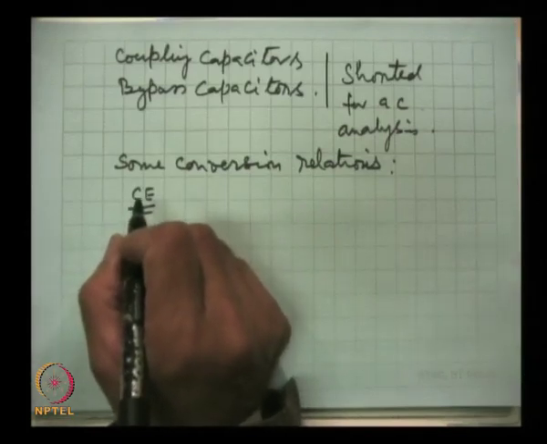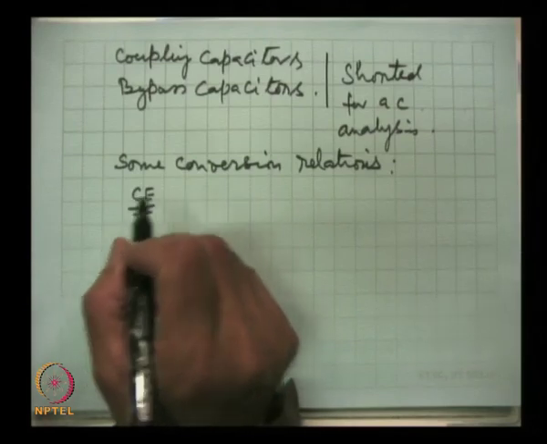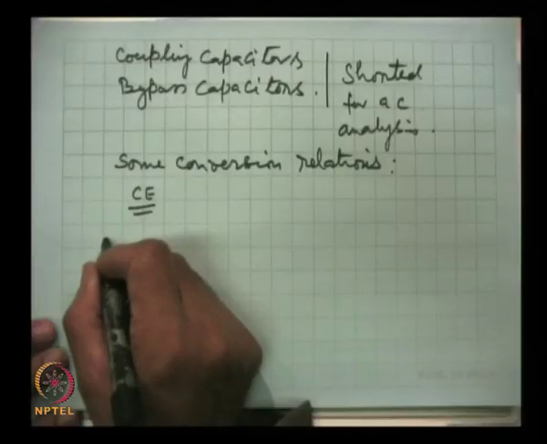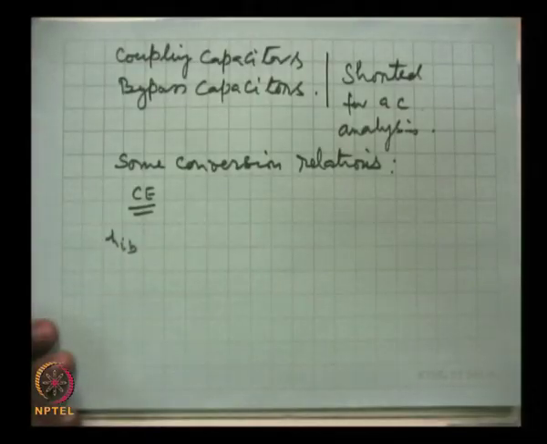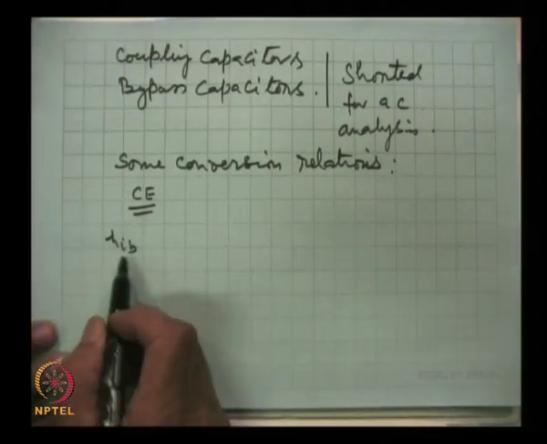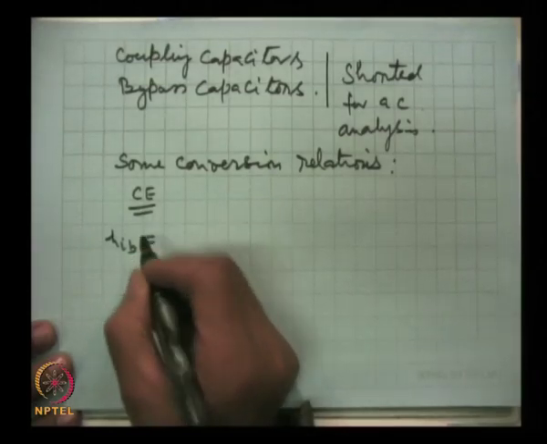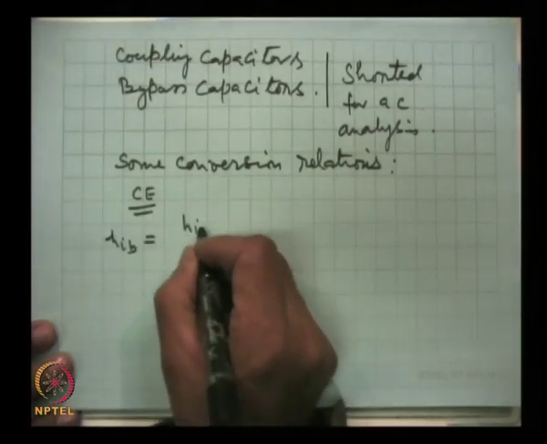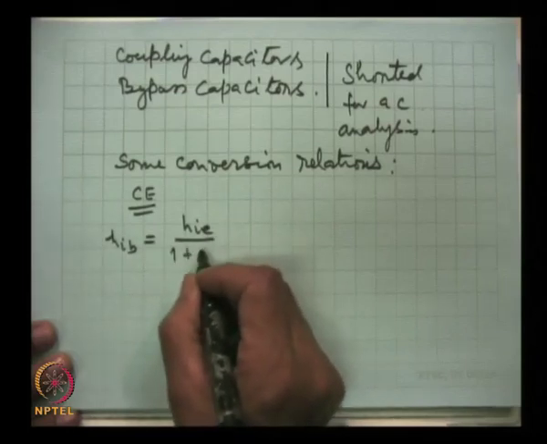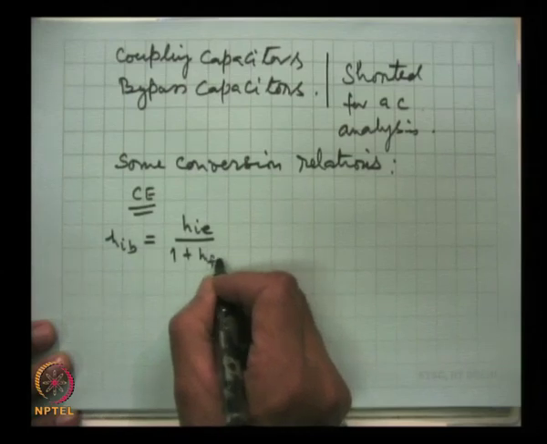But expressions have been derived so that without further measurement we can use those common emitter parameters to get parameters for other circuits. For example, HIB, that means input impedance HI in common base, is related to HIE by 1 plus HFE.